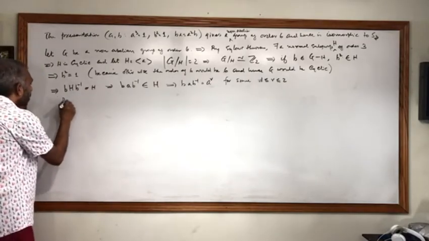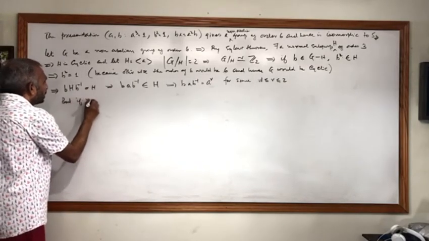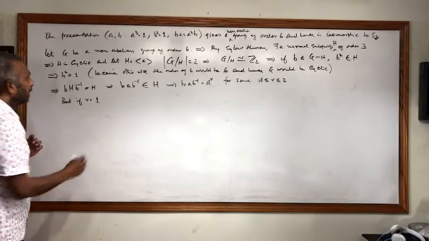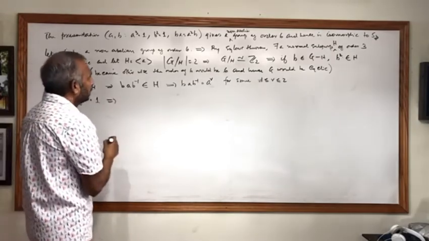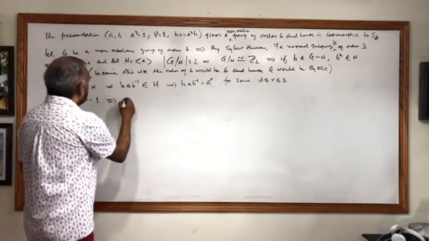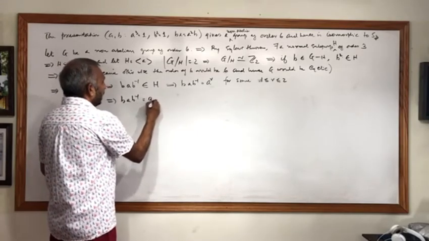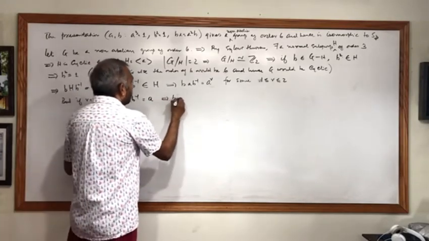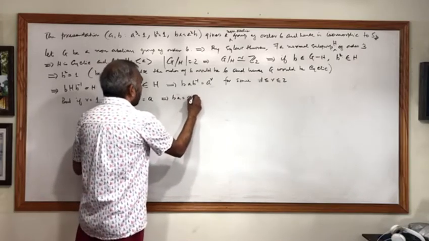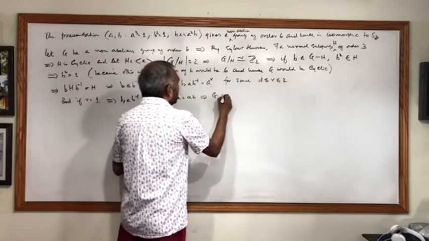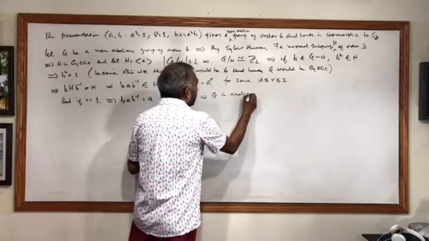But if R is equal to 1, and that implies B inverse is equal to A, and that implies BA is equal to AB, which implies G is abelian.